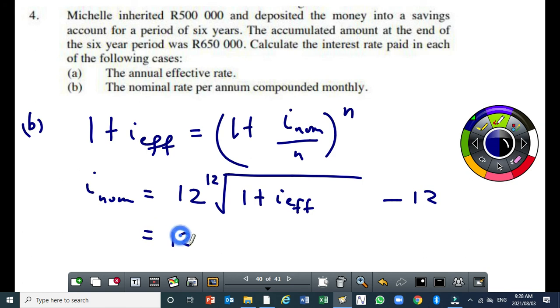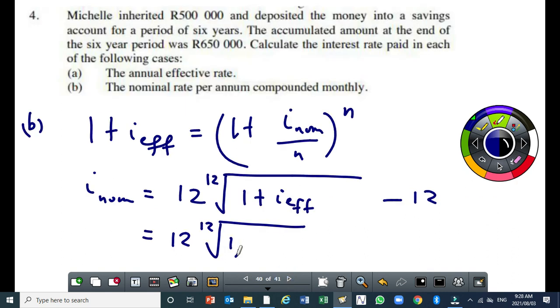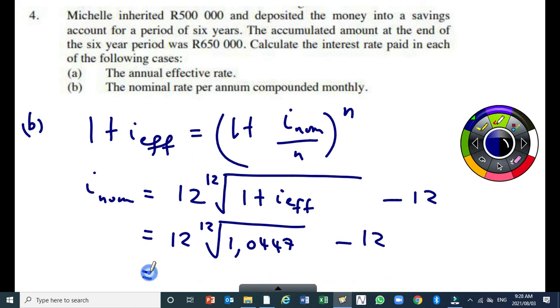So we get 12 times the 12th root of, now it's going to be this value here. We convert this to a decimal, you get 0.0447, which means I can write 1.0447, right? Minus 1. Can someone simplify that quickly?